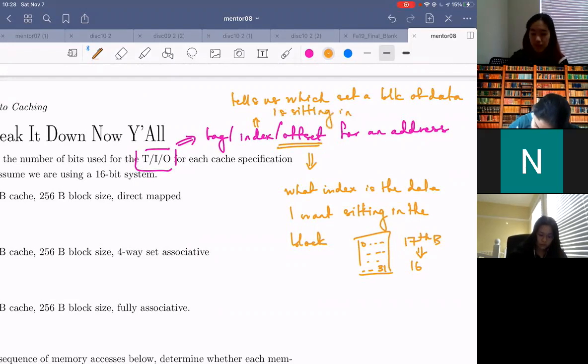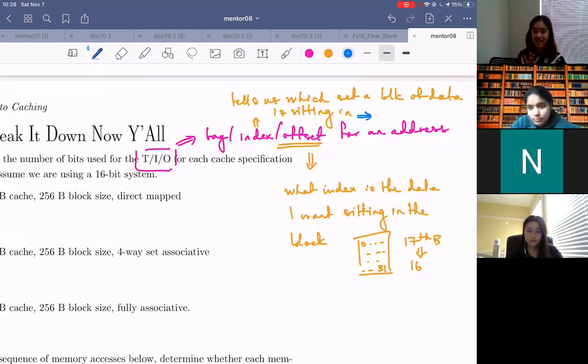The way we would find this is, well, our cache is a specific size. In order to figure out how many blocks are in this cache, we do cache size divided by block size. That gives us the number of blocks. Now, because we will have a specific set size, like two-way set associative, where we have a set size of 2, to figure out the number of sets we divide by the set size.